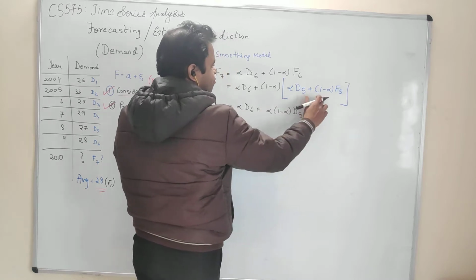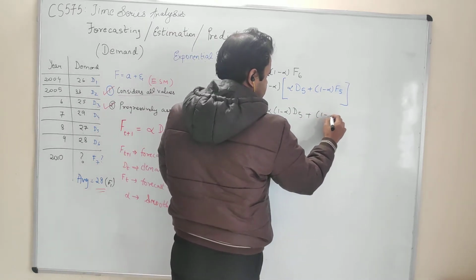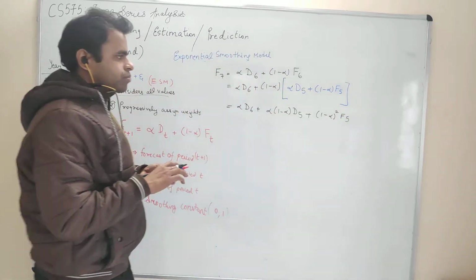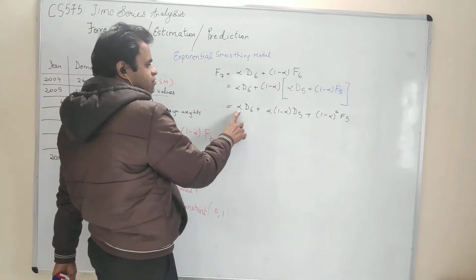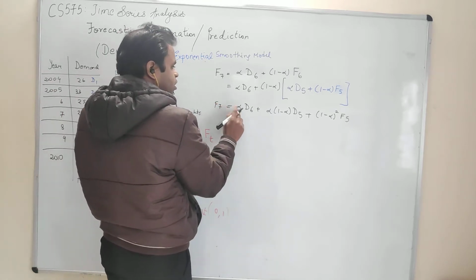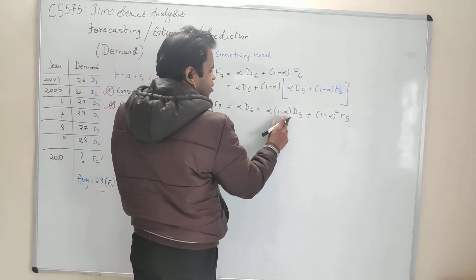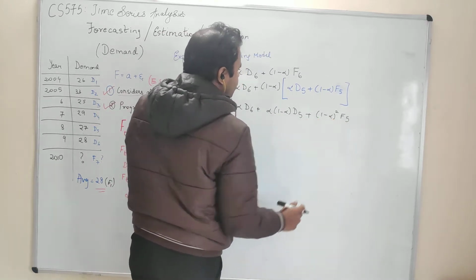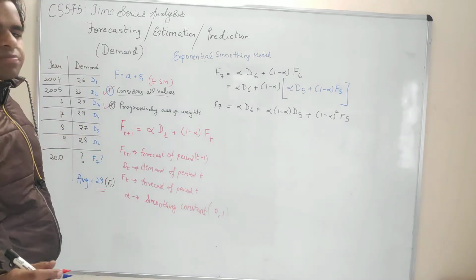So (1 minus alpha) will be squared here and I get F5. Continuing for F7 only: alpha d6, alpha times (1 minus alpha) d5, and then (1 minus alpha) squared F5.